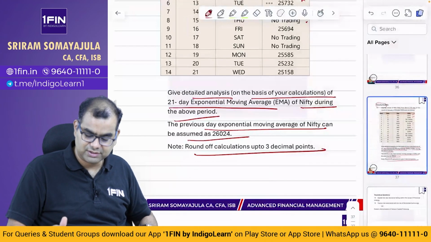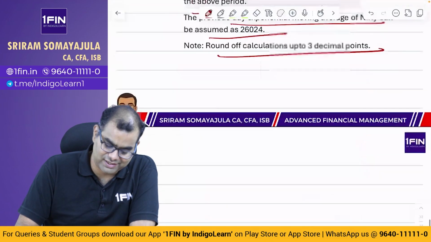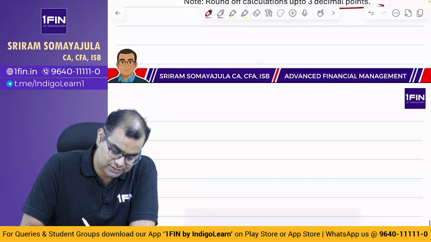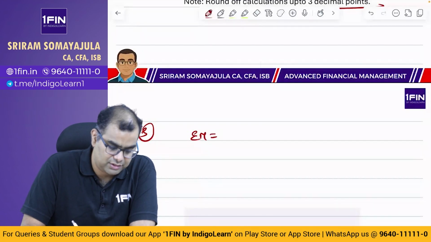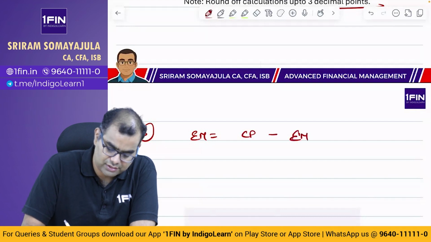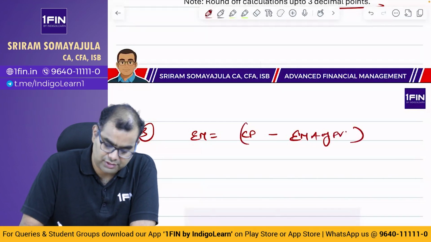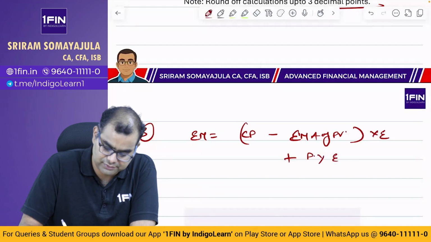What is the formula for EMA, if you recollect? EMA is equal to closing price minus EMA of previous day, whole thing into exponent, plus previous day EMA.